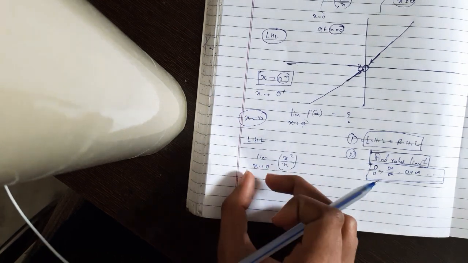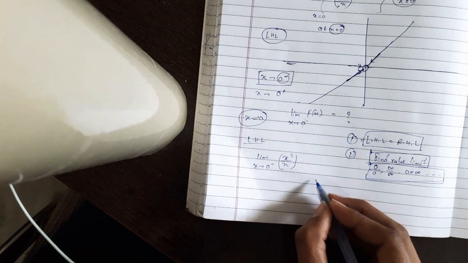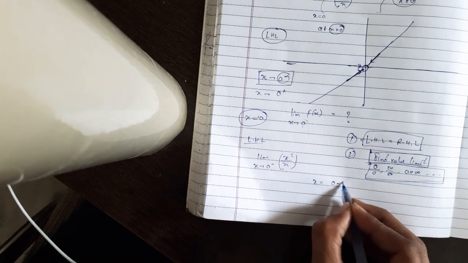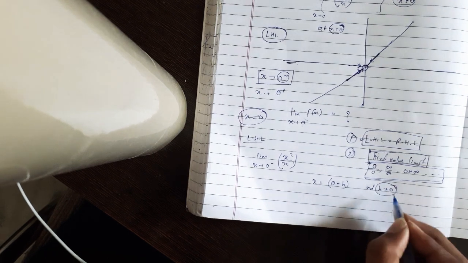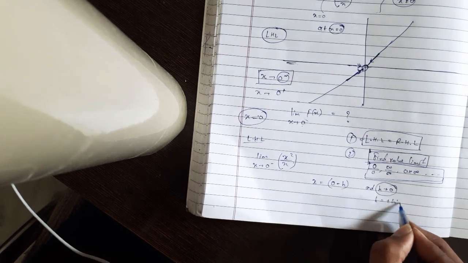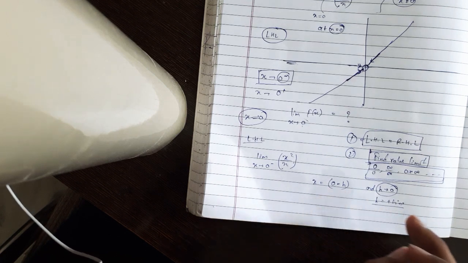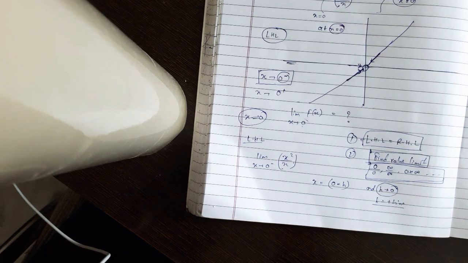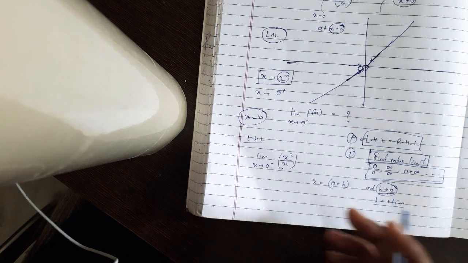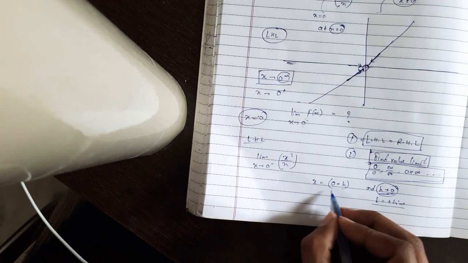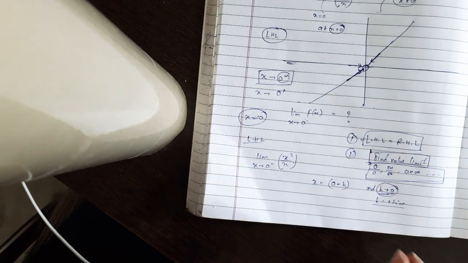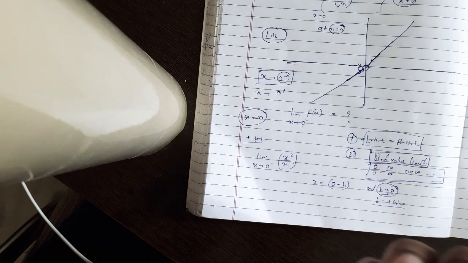Let x go to 0 minus h, with h tending to 0, and h is positive and nearly equal to 0, something like 0.0000001. So 0 minus h means a very small value that is negative.